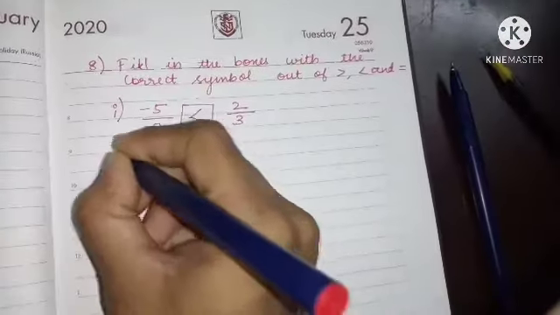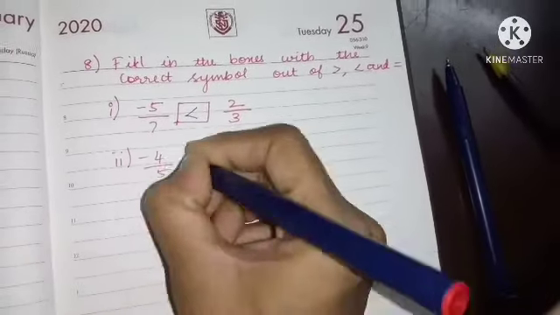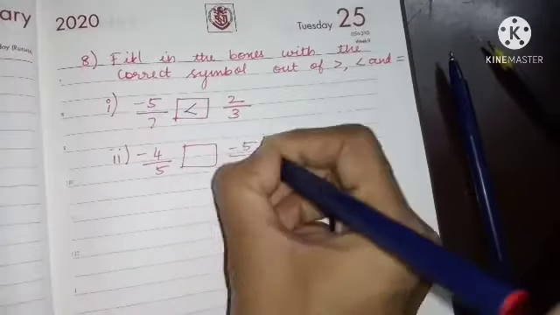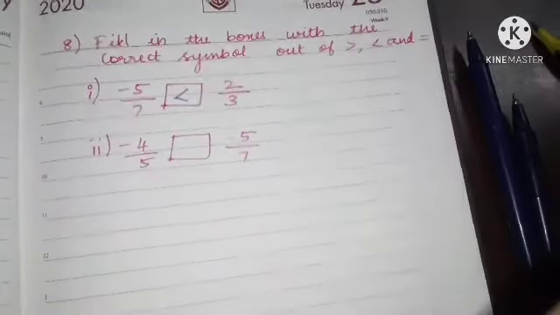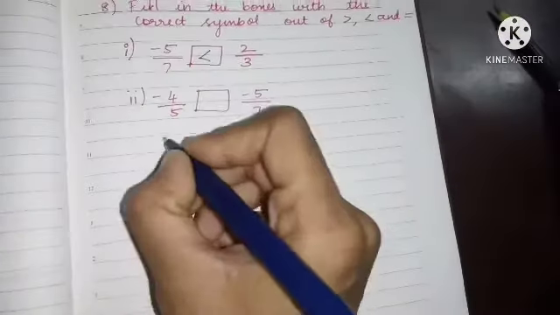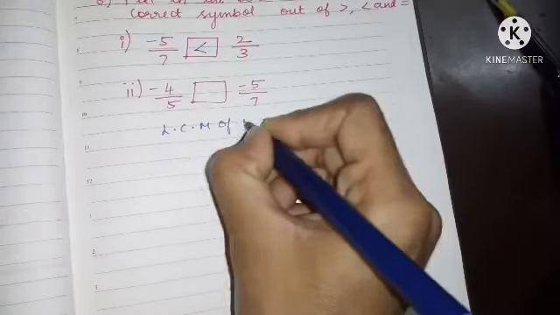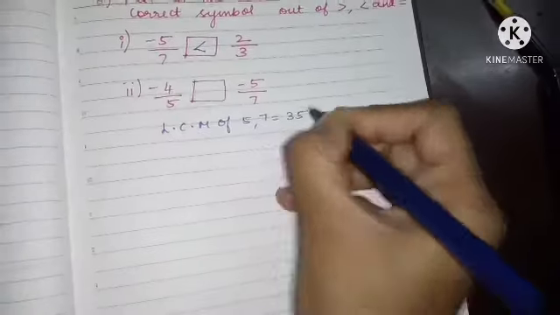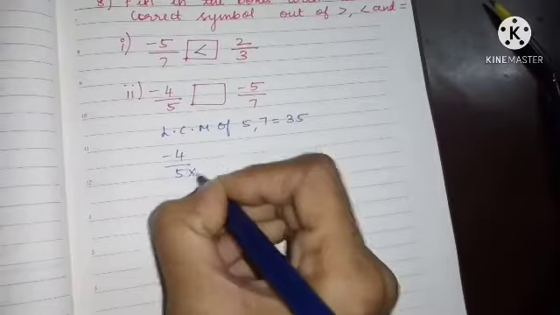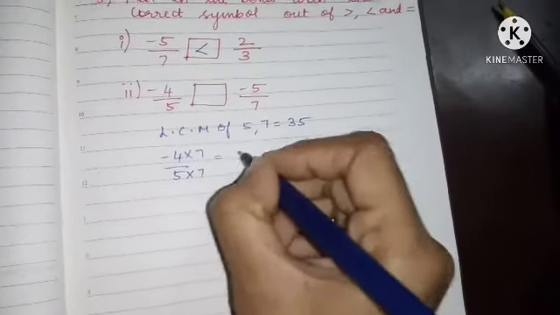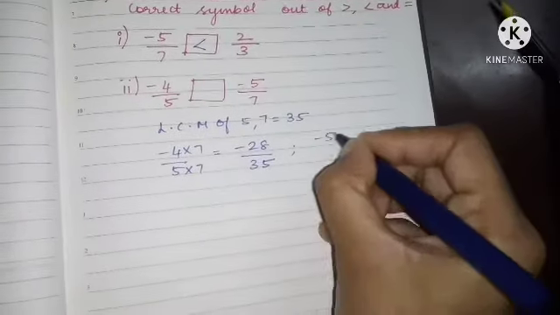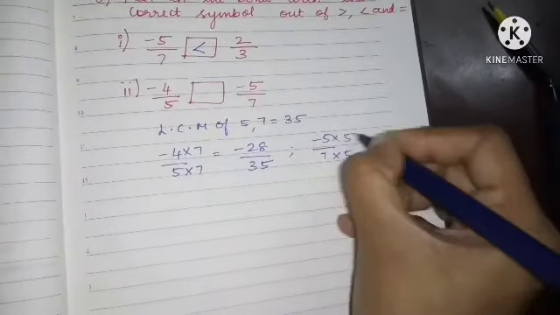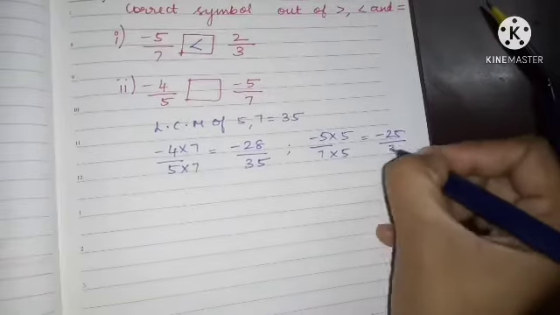Okay. Second problem. Minus 4 by 5, box, minus 5 by 7. Here both are negative, so we can't do it like this. Better we take the LCM or cross multiplication. LCM of 5 comma 7 is 35. 4 by 5 into 7 gives minus 28 by 35. 5 by 7 into 5 gives minus 25 by 35.